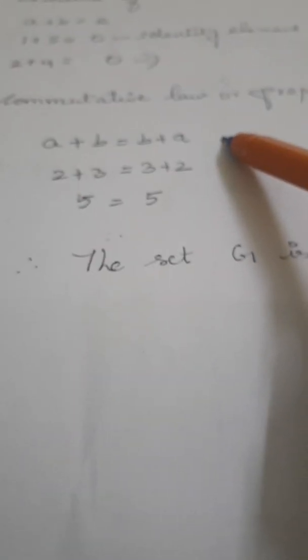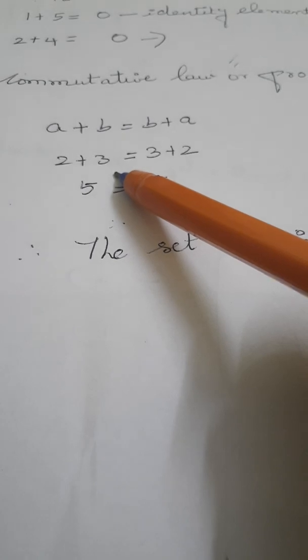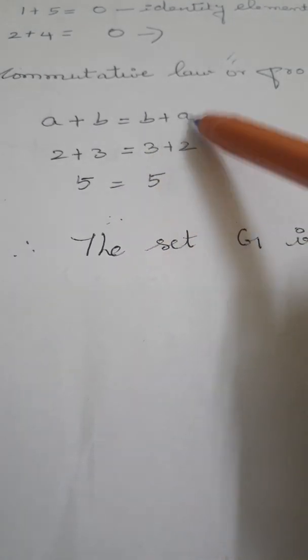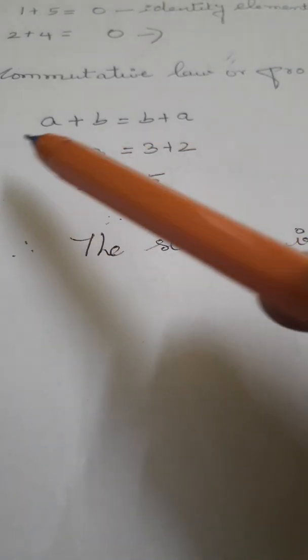Okay, last formula is the commutative law. What is the commutative law? A plus B is equal to B plus A. So we can take any value. Here I am taking A is equal to 2 and B is equal to 3. Okay. So 2 plus 3. Look at the table.